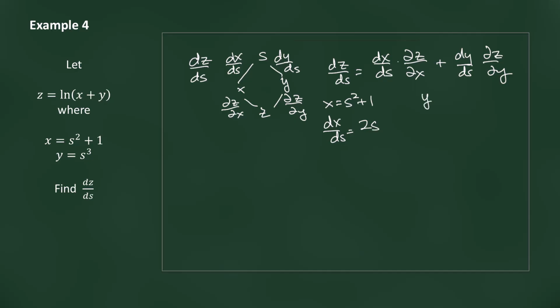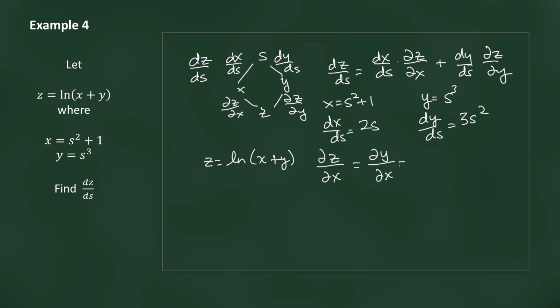And then y is s cubed, so dy ds is 3s squared. And since z is the natural log of x plus y, the partial of z with respect to x and the partial of z with respect to y are actually going to be equal to each other this time. And they are both 1 over x plus y.